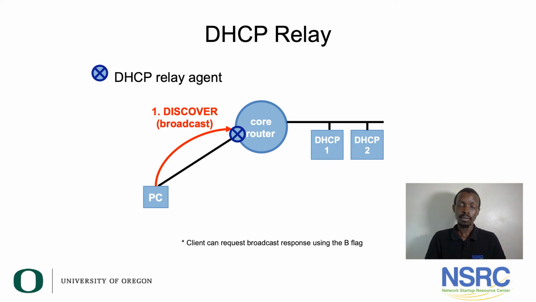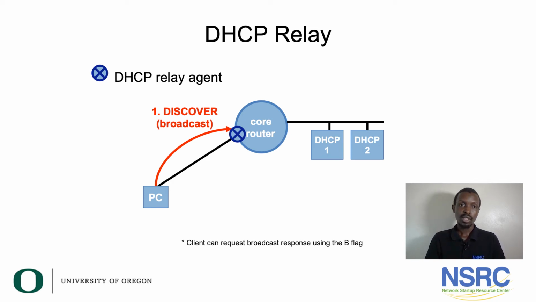So let us look at the 4-message protocol of getting a DHCP address. The PC will send a broadcast, a UDP broadcast with a Discover packet. So everything on that particular subnet, in that building, will see it, including the relay agent that has been configured on that interface that is serving that subnet.